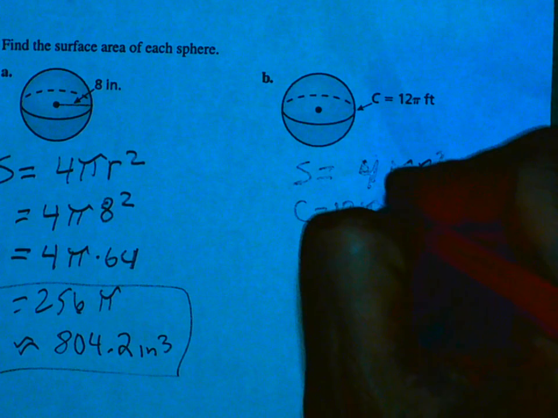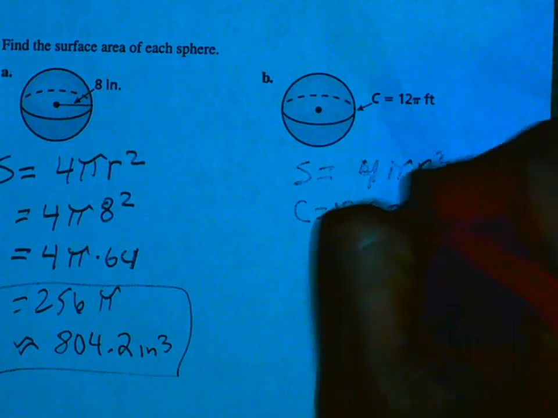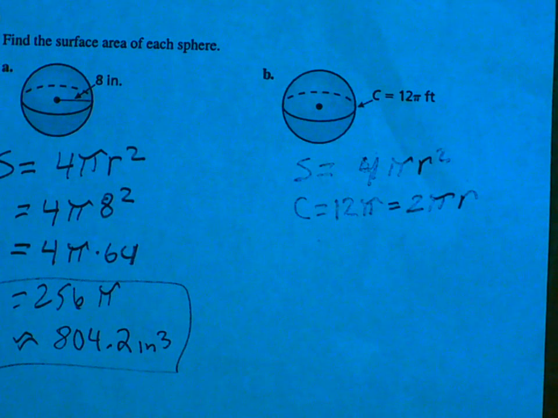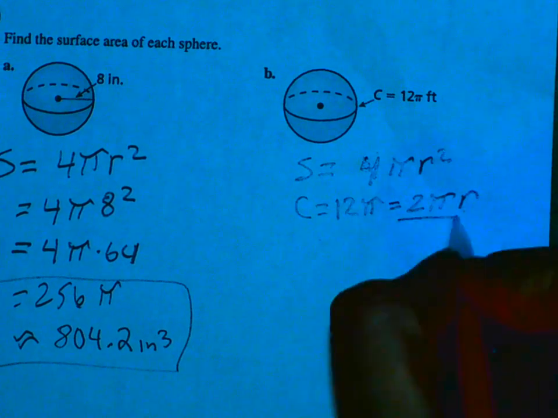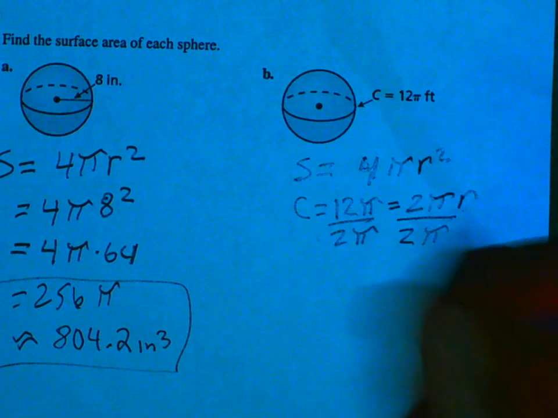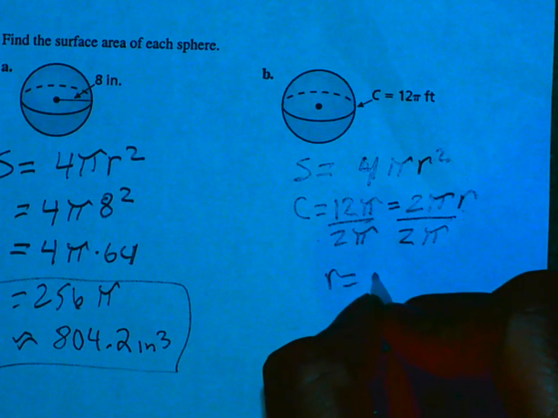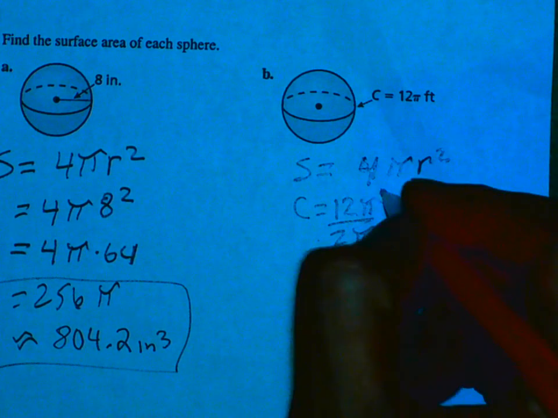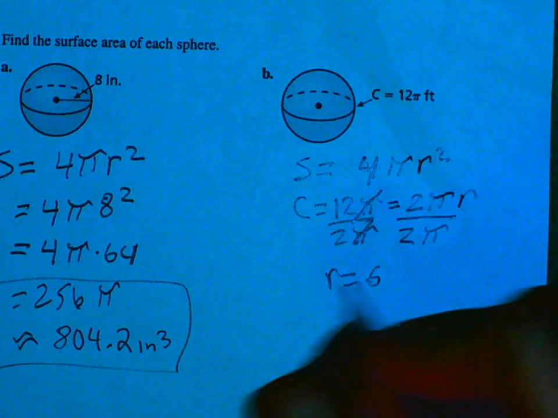Now, we also know that that is equal to 2 pi r. That's the circumference of a circle. So to solve it for r, we're going to divide this by 2 pi. Therefore, the radius is going to be 12 divided by 2, that's 6, and pi divided by pi divides out. So the radius is 6.